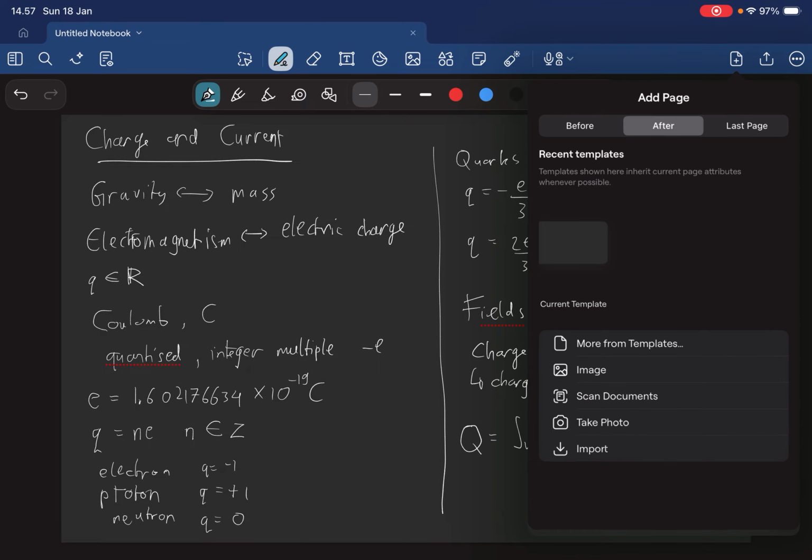So, for a single particle with charge Q and trajectory r, the density is rho equals Q delta of x minus r, where the delta function ensures that all the charge sits at a point.